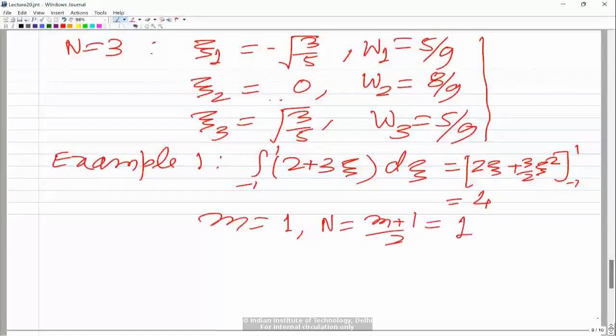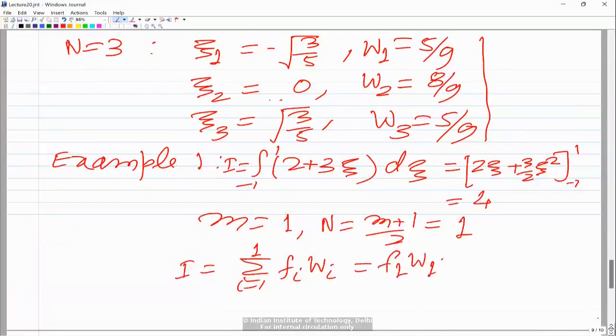So this integral I can be evaluated as the summation over i going from 1 to n, with n equal to 1, of fi into wi. Since i is only 1, we will have f1 into w1, where f1 means the value of f at xi1, and xi1 is 0, so the value of the function is 2 plus 3 into 0, into w1, which is 2, so you get 4.